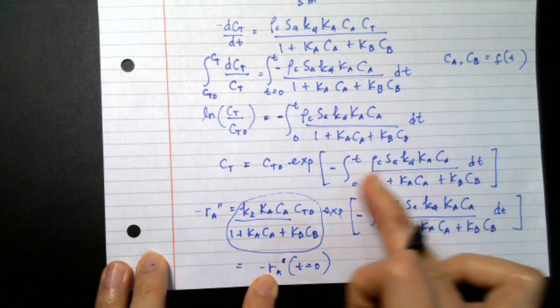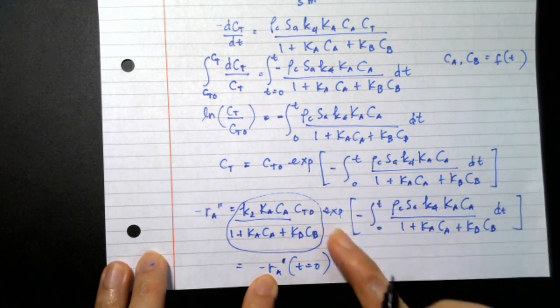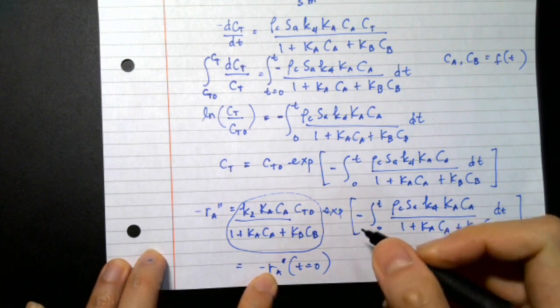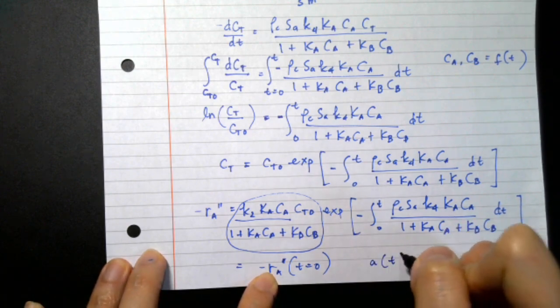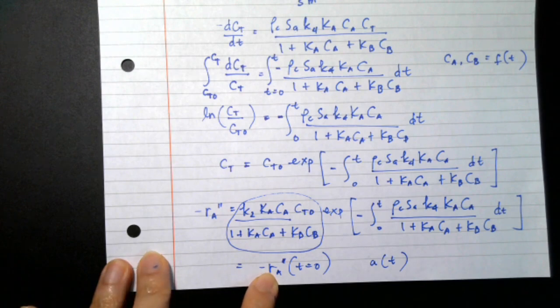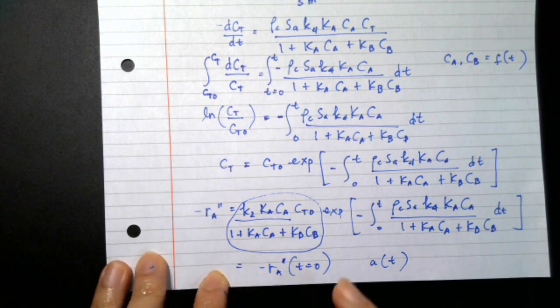So the second term here, this exponentially decaying function, is just some function of time. Okay, so we can write this as A of t. So we have separated our kinetics out into the rate with fresh catalyst multiplied by some function of time.